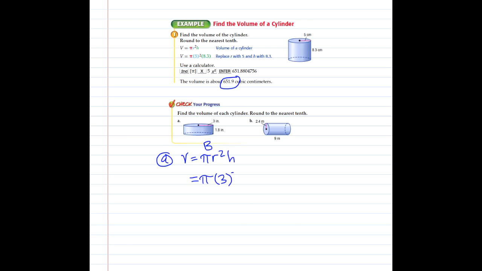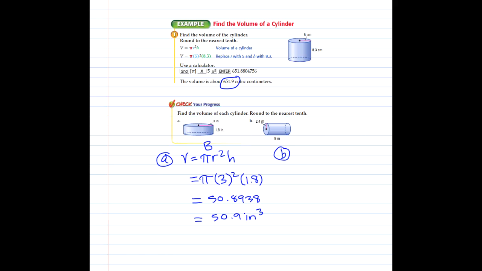So pi times my radius, in this case 3 inches, squared times the height, which is 1.8, gives me a volume of 50.8938 that I'm going to round to 50.9, and in this case inches cubed, or cubic inches if you prefer.